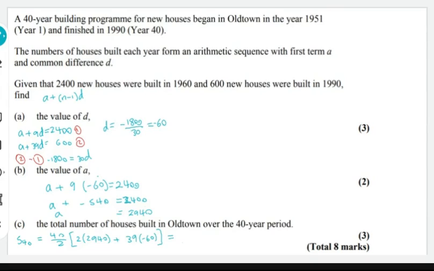Let me just double check. Actually, that's believable. Yeah, 2 times 2,940 minus 39 times 60, 3,540. That's what you said the first time, isn't it? Yeah, 1,700. Yep.